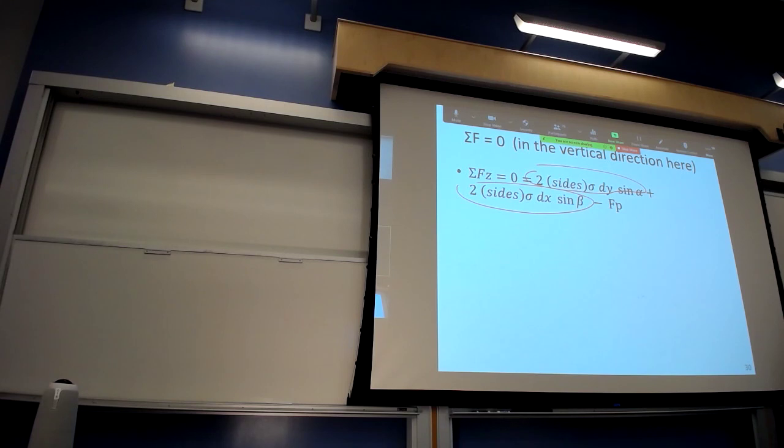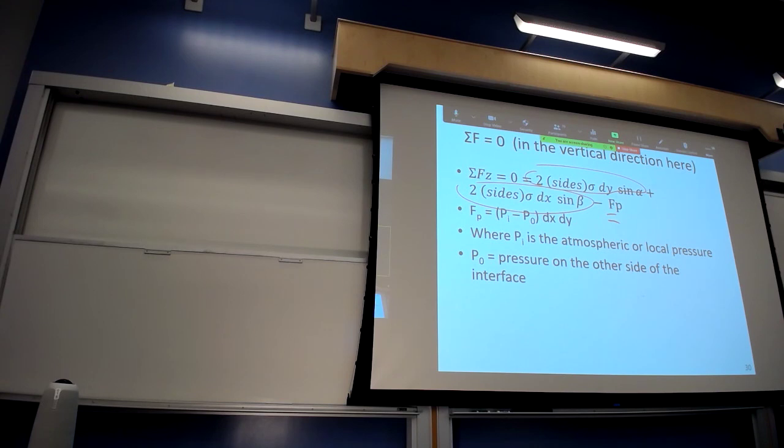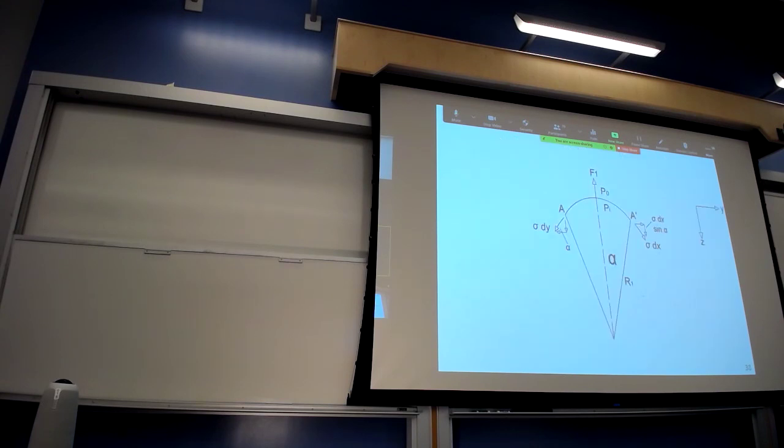And they're equal to that pressure force. So the pressure force, again, is the change in pressure times dx dy. And so what we do is substitute in everything we can know or everything we're representing.